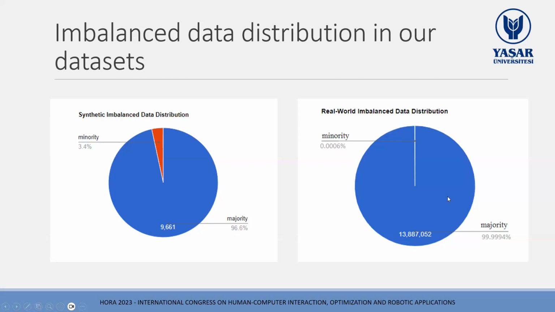While if we check the real-world imbalanced data, we can see that this is almost 0%, because we have just 80 machine failure records, where we have almost 14 million normal data. So the imbalance distribution in both data sets highlights the real-world scenario in predictive maintenance, where failures occur less frequently compared to normal operating conditions. And this poses a significant challenge for developing accurate predictive models, as the minority class of failures is significantly underrepresented in the data.